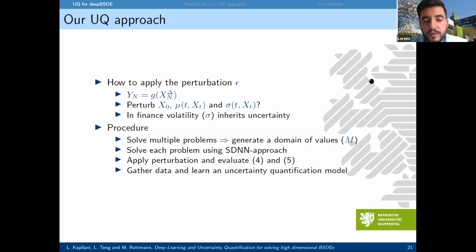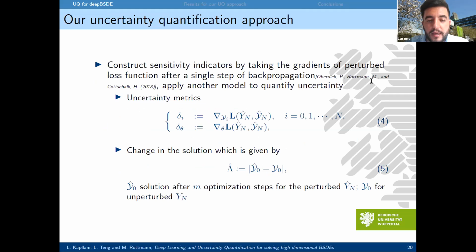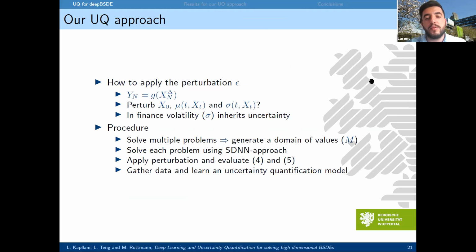Then we apply the perturbation and evaluate the indicators given by equation 4 up here, and also estimate the change in solution given by equation 5. Finally, after we have gathered all of this data, we can learn an uncertainty quantification model.